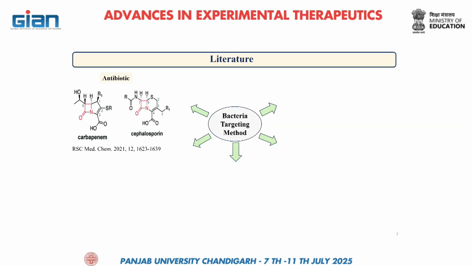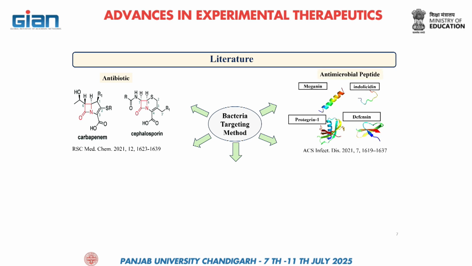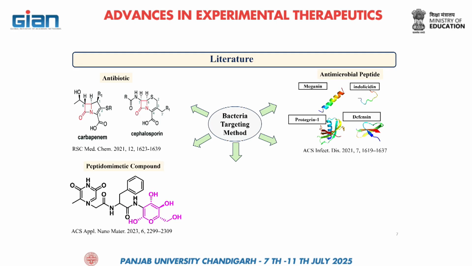If I look at the earlier literature, at that time the beta lactam ring was there, be it carbapenem or cephalosporin, and after that came a generation of antimicrobial peptides. Some people made self-penetrating peptides so that they would enter the microbes and then cause antimicrobial activity. But with peptides, there is one problem.